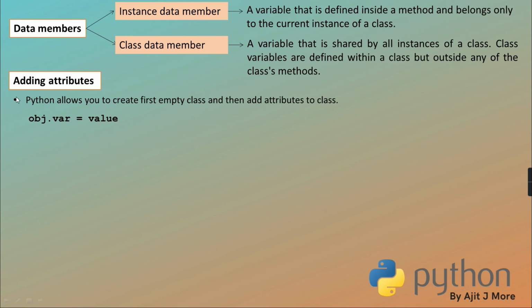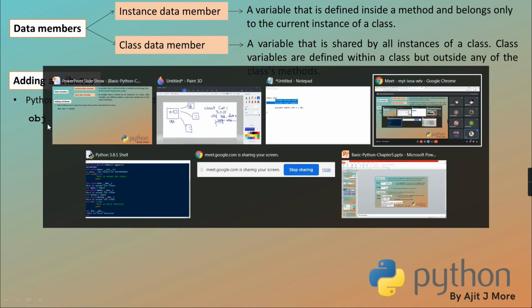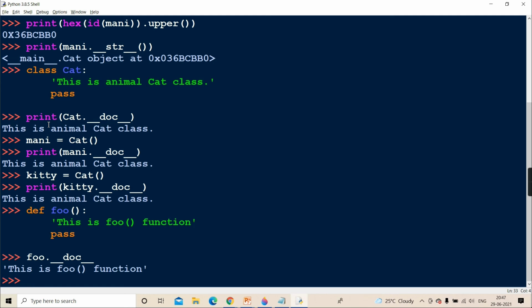This way: first create an empty class, then create an object, and then write object dot property equal to value. I'll give you quickly one example, and then you should be able to identify the drawback from the point of view of object oriented programming.